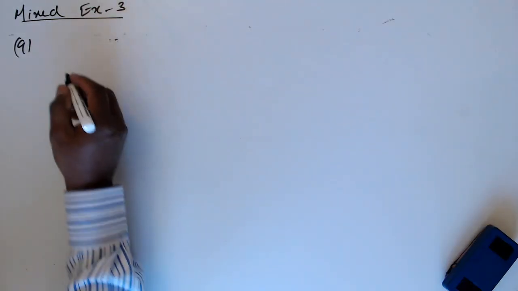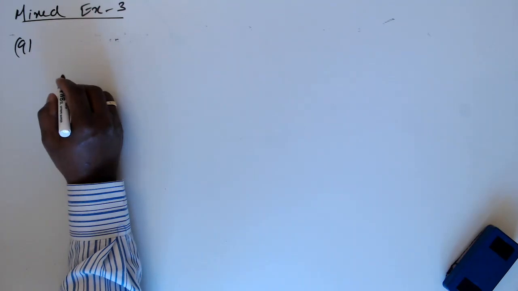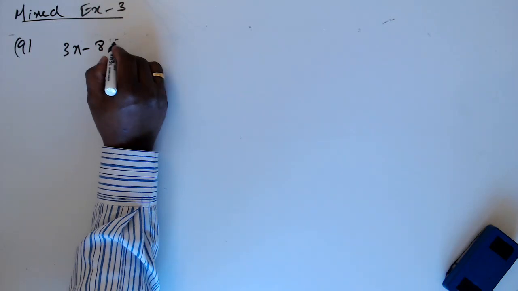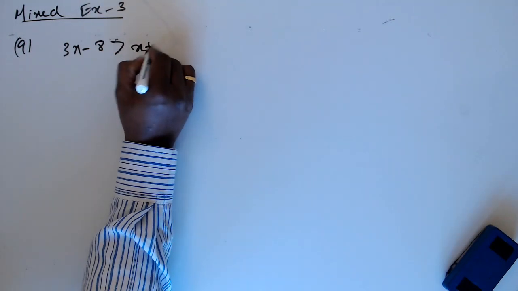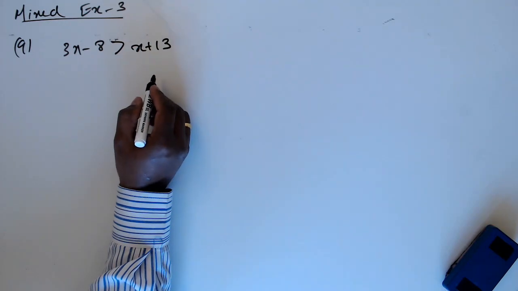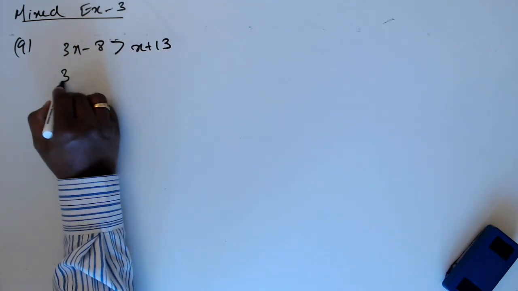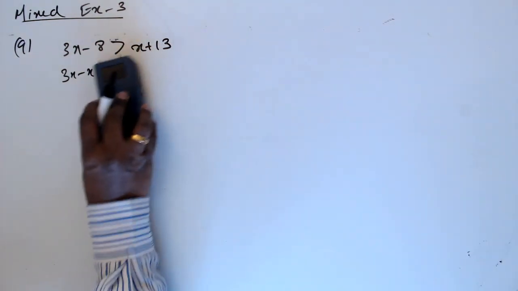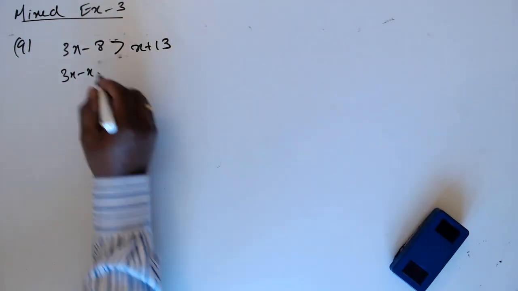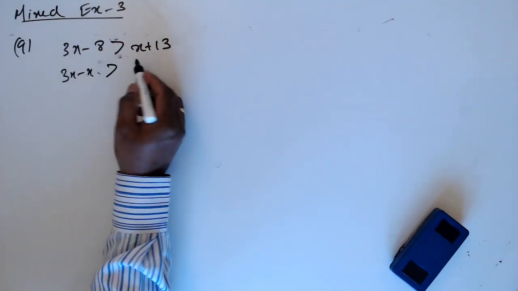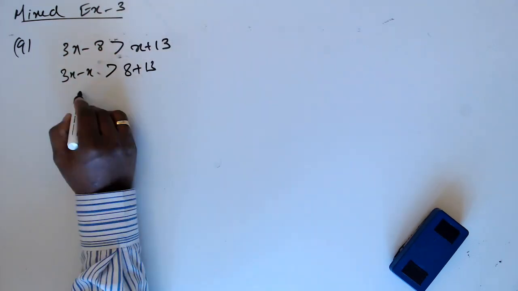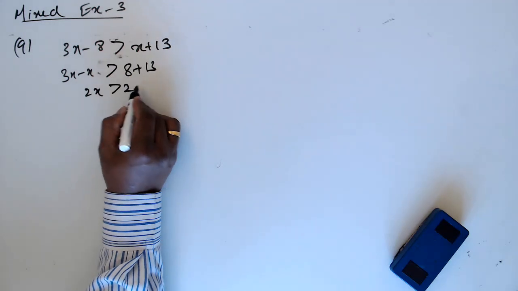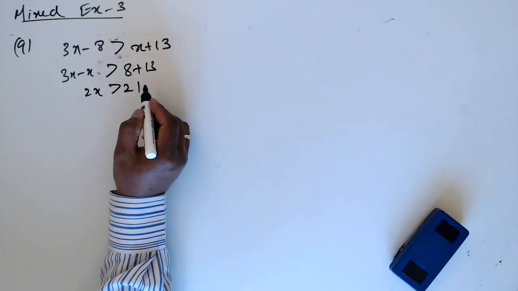Question number 9. 3x minus 8 greater than x plus 13. 3x minus x is greater than 8 plus 13, so 2x greater than 21.